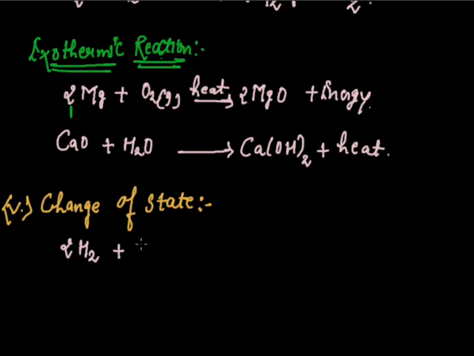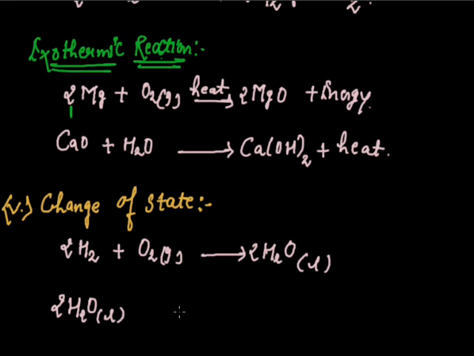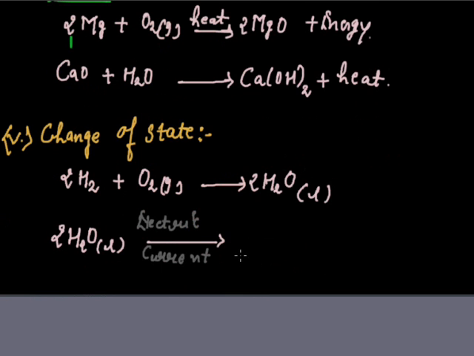Twice H2 plus O2 gas reacts to form twice H2O, which is in liquid state. Or when an electric current is passed through water, it splits into its elements: twice H2O in liquid state, when an electric current is passed, forms twice H2 plus O2.